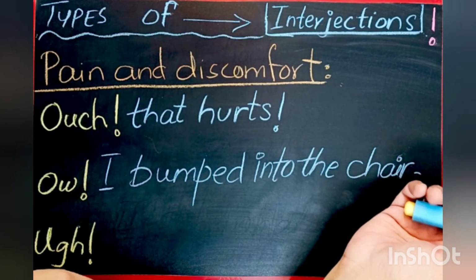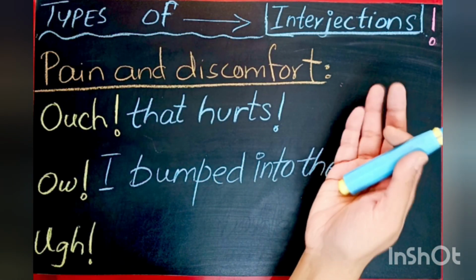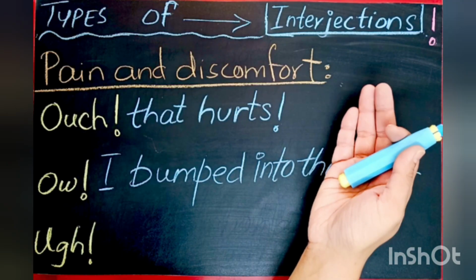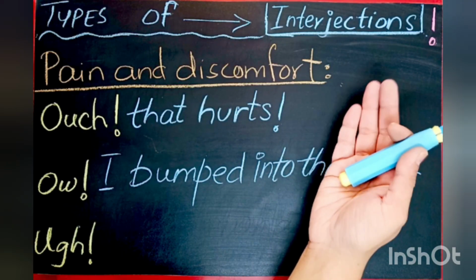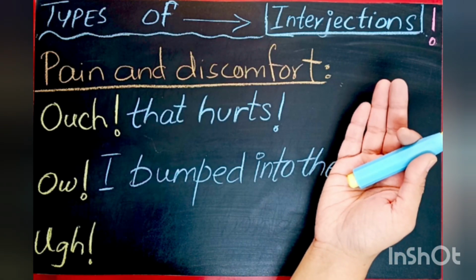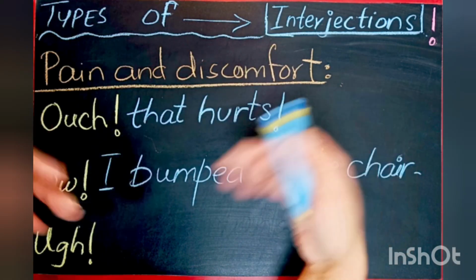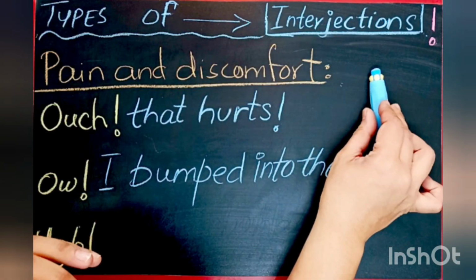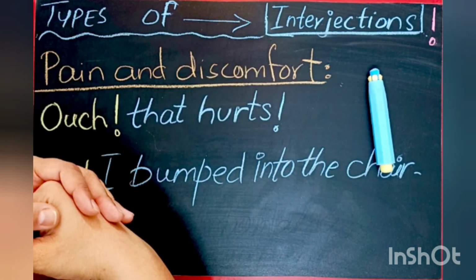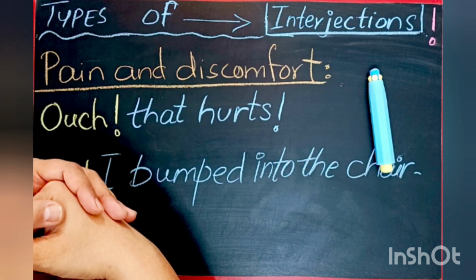Okay, all right. So we are now going to do the type of interjections that shows us pain and discomfort, okay, through voices. Interjections are all through voices, the tone of the speaker.